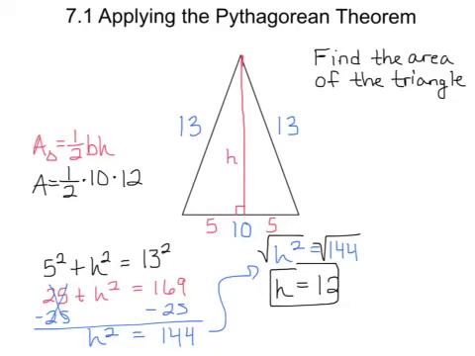Okay, so when I do that, 1/2 times 10 is 5, and then 5 times 12 is 60. So I could say area equals 60. And if this were in meters, it'd be 60 meters squared, or if it was in feet, it'd be 60 feet squared, and so on. But that's how you can use the Pythagorean theorem to solve for area of a triangle.